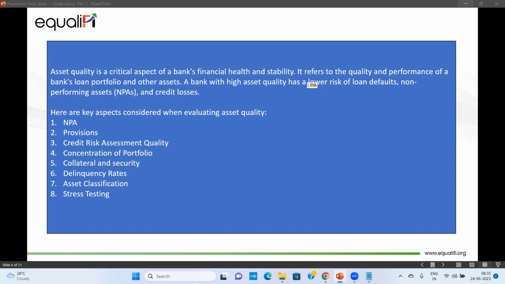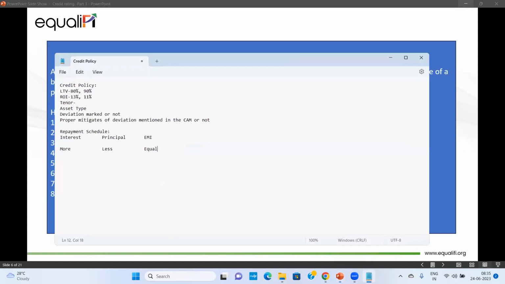Consortium loan might be for a big customer. So I'll give one example. In an NBFC, in a particular region, the total portfolio size is 130 CR, and one single strategic customer has 30 CR.